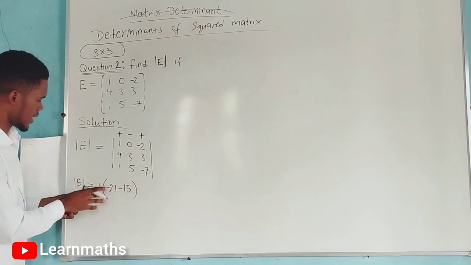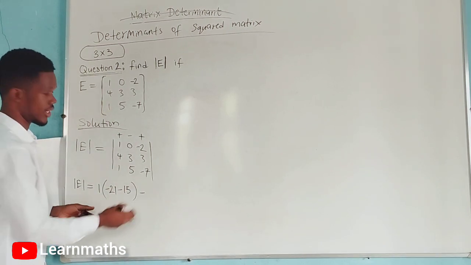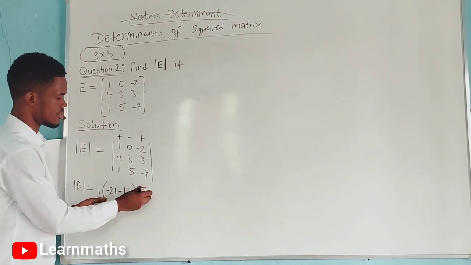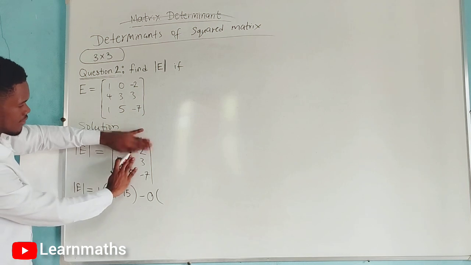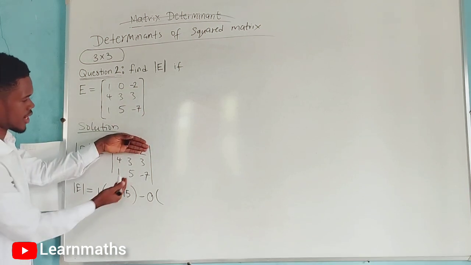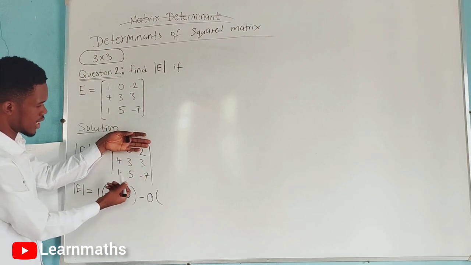Okay, so that's for this first number. Now the second number, which is 0, is minus 0, because of the sign. Then in brackets, if I cover the first row and the second column, I'm going to have 4, 3, 1, minus 7.